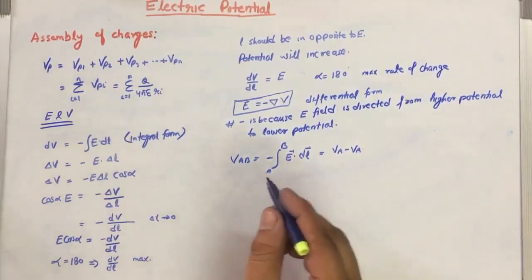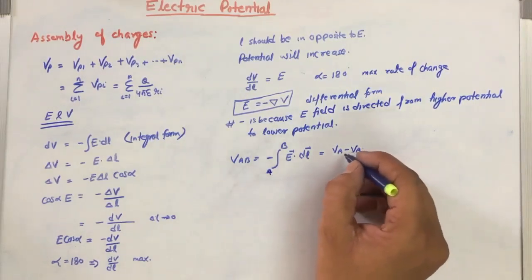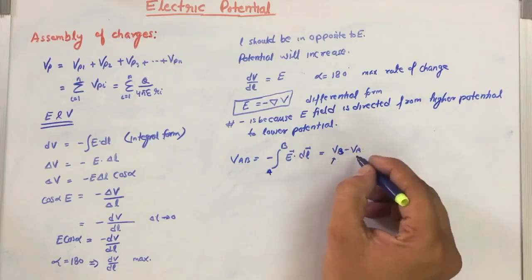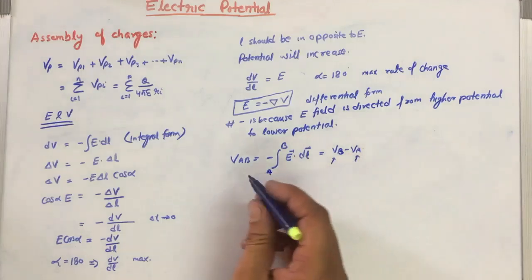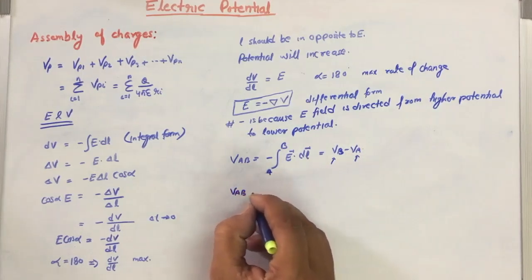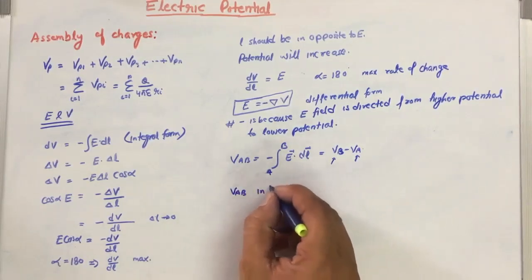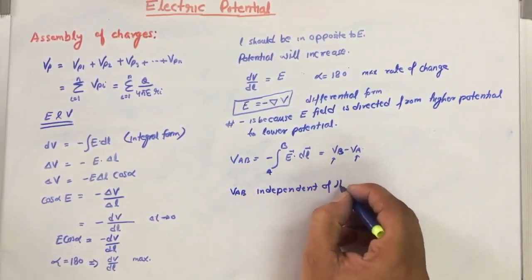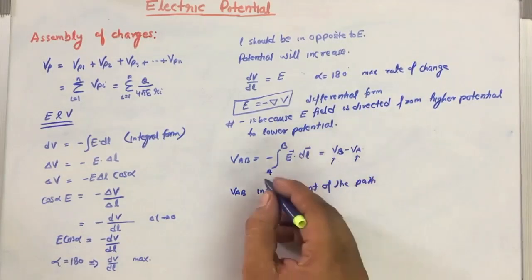And if we write VAB like this, then we can say that it depends on the final point B and initial point A. So regarding this, we can say in one sentence, VAB is independent of the path from A to B.